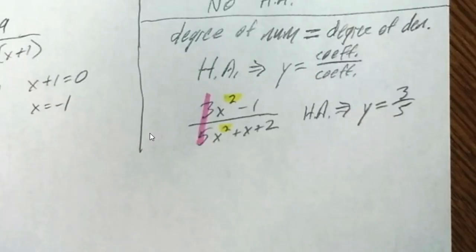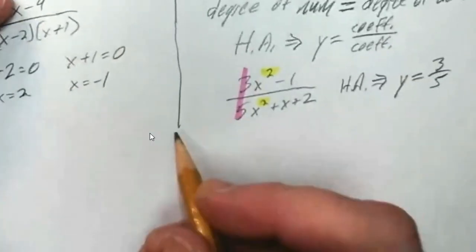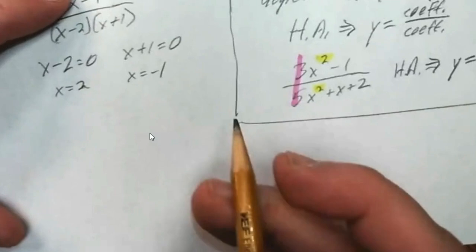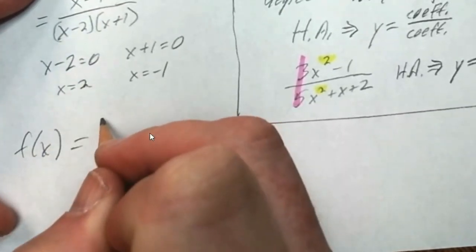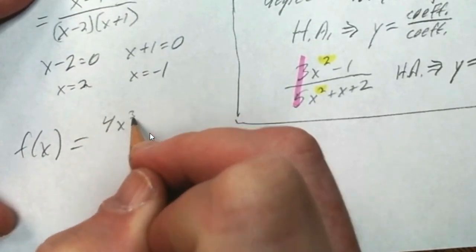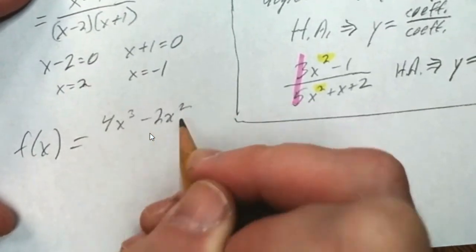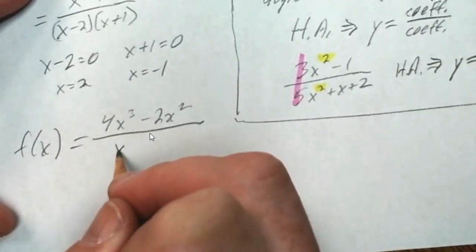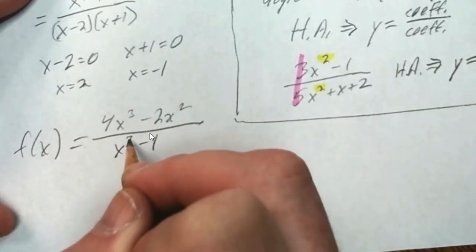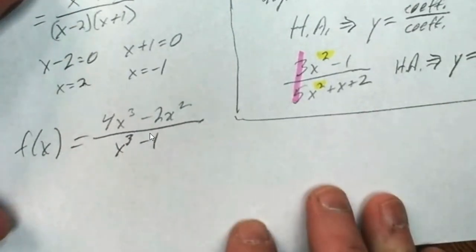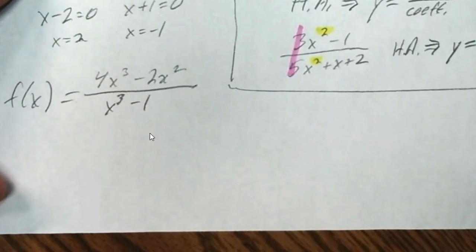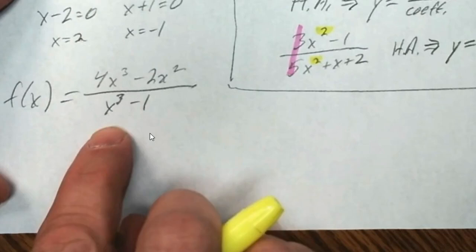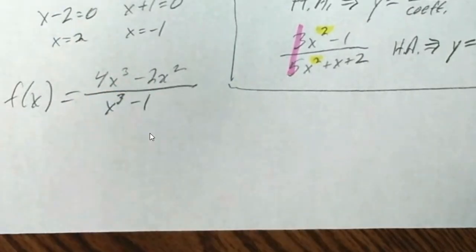So let's look at another equation here real quick. Just as an example, if we have f of x equals 4x to the third minus 2x squared over x to the third minus 1. When we look at that, we say, okay, what is the horizontal asymptote? Well, these are both x to the third.